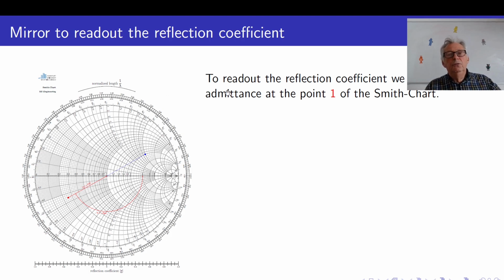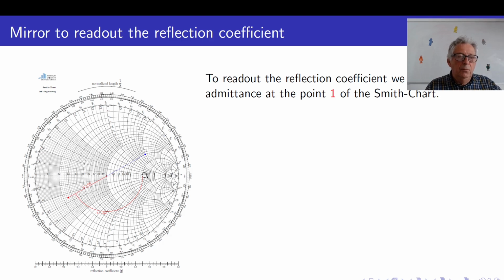To read out the reflection coefficient, we must mirror the admittance at the point 1 of the Smith chart. So we have here the point 1 in the Smith chart, and now we mirror this blue point into the red point here, which is just a straight line from the blue point through the 1 to the red point.